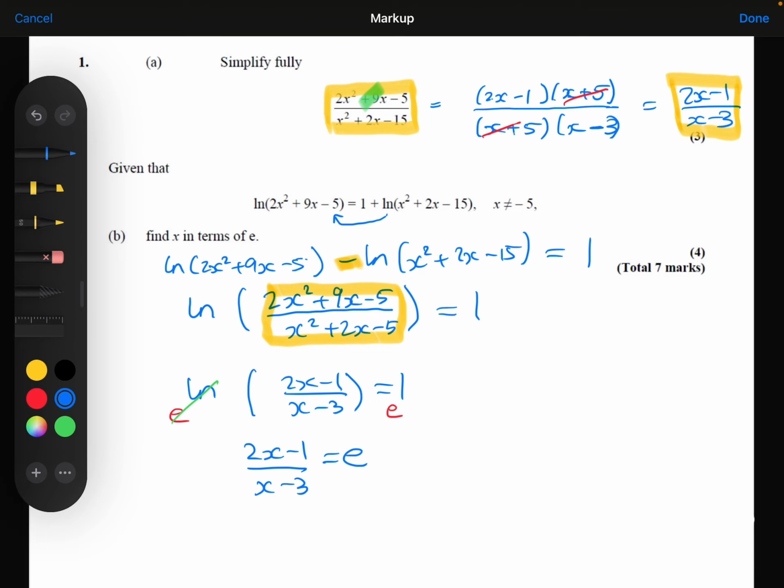All I need to do now is to make x the subject. So I'm going to multiply both sides by x − 3. Expand those brackets.